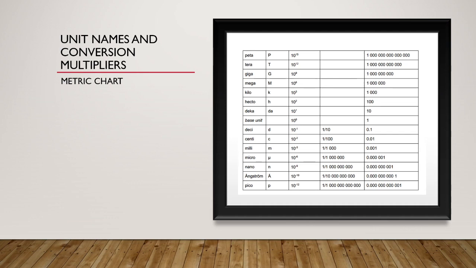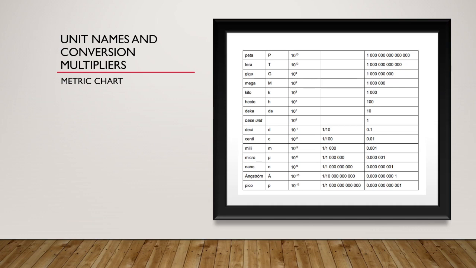For example, if I say 1 petameter, it is actually 1 million billion meters. You can see in the metric chart there are a lot of unit names, and it's good for you if you can memorize all of them.